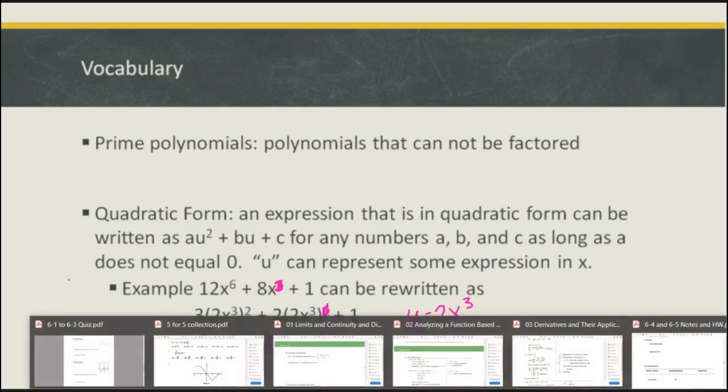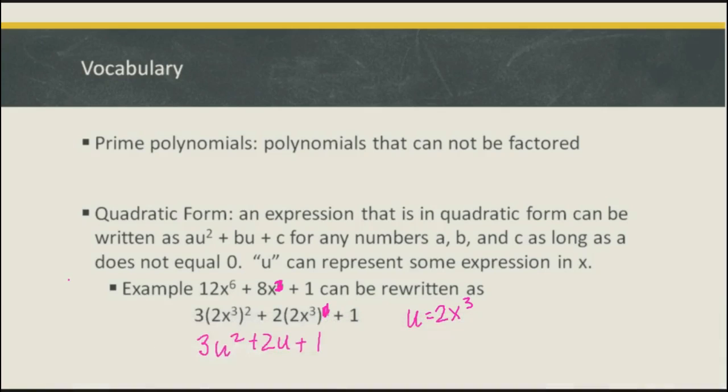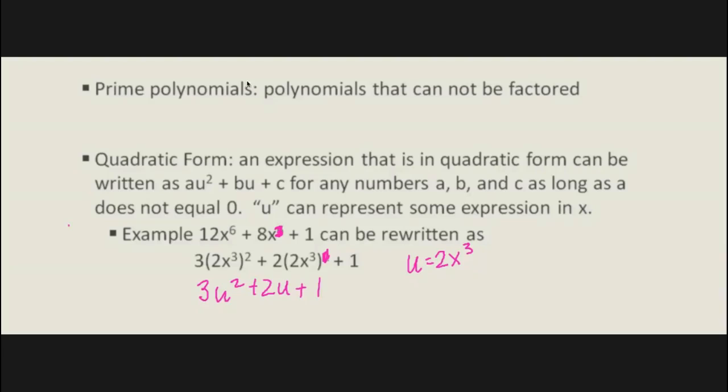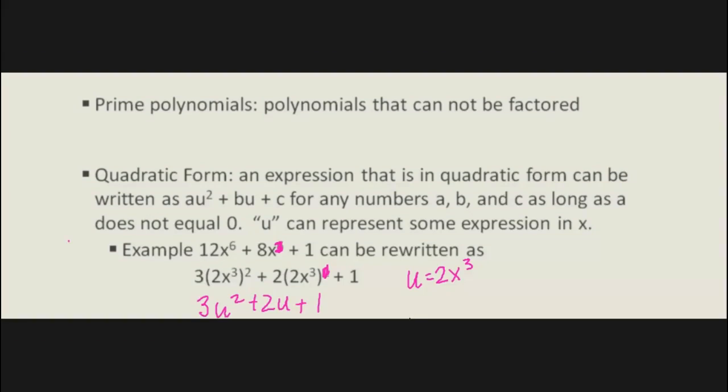Quadratic form is the form of an expression that can be written as a quadratic, even though it does not begin as a quadratic. So a prime polynomial is a polynomial that cannot be factored. And then one of our techniques is to rewrite using quadratic form.